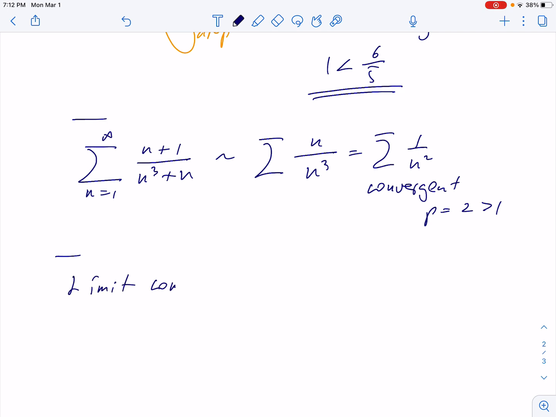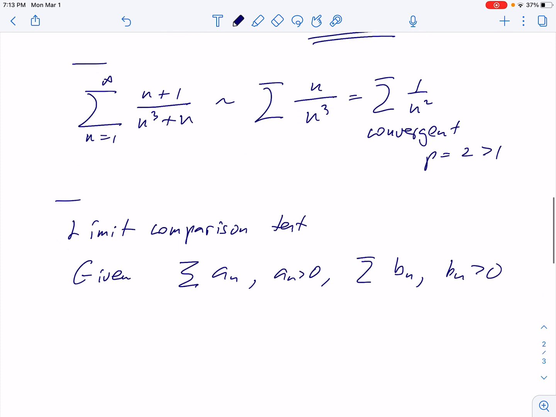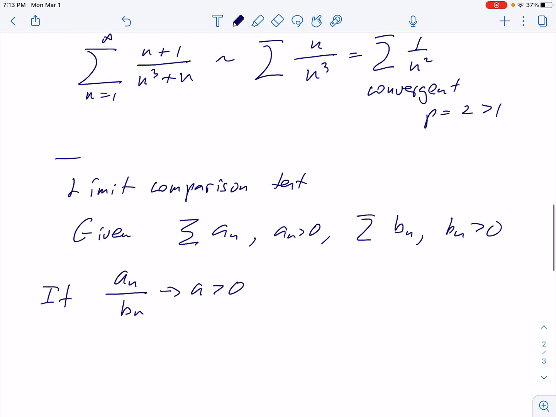Limit comparison test. If we have two series with positive terms, one series with positive terms and another series with positive terms, and if the ratio a sub n over b sub n has a limit, so this is a sequence depending on n, if this has a limit, let's say a, which is positive, then both series converge or diverge at the same time.